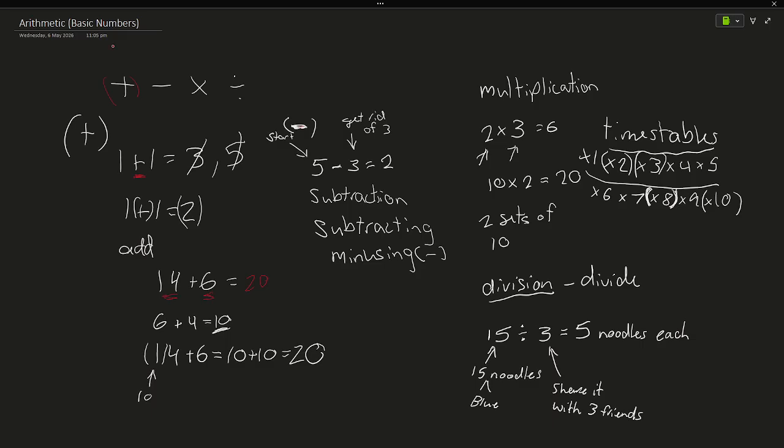Now we have subtraction, 5 minus 3, and we'll get into negatives, which is a big topic for both addition and subtraction.